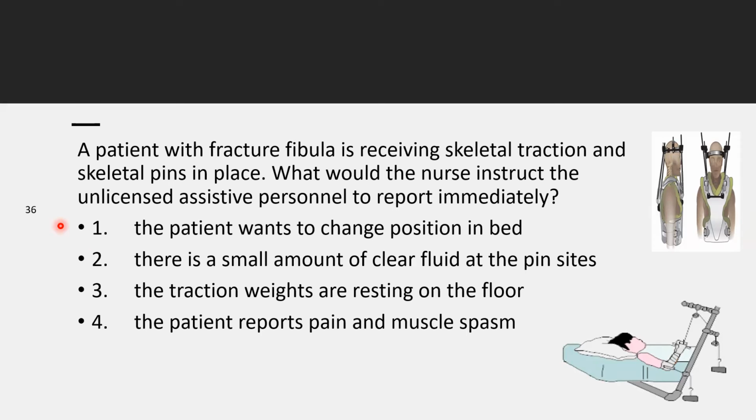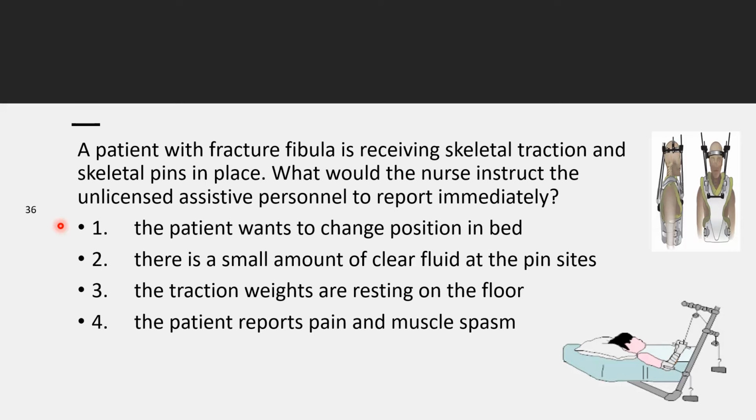Do you think it is normal? Yes. A small amount of fluid is quite normal. But if there is a large amount of fluid, that might indicate some other kind of oozing. So it can indicate infection. So you have to be very cautious.